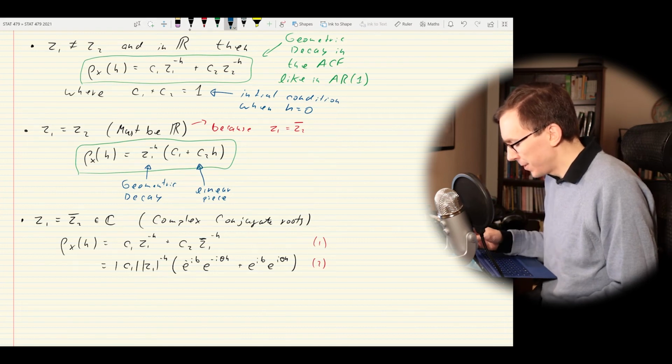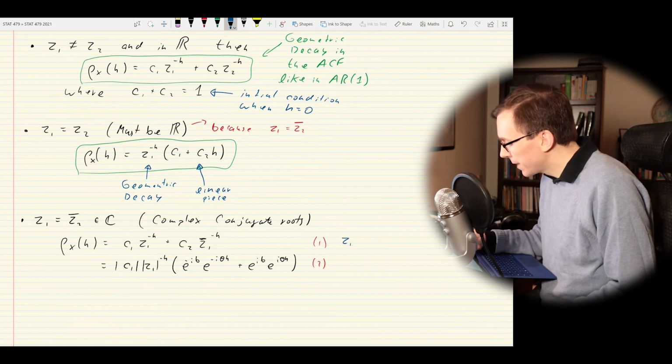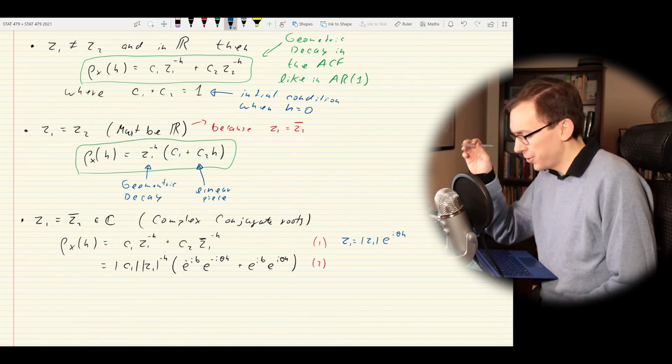This comes from noting that Z1 can be written as the magnitude of Z1 times some complex e to the i theta h.